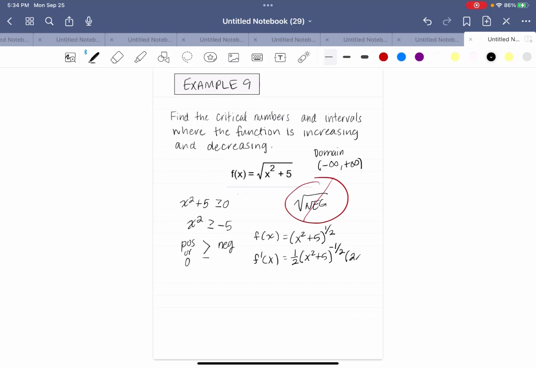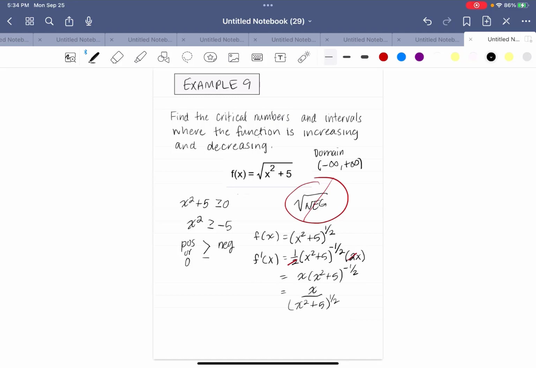Times the derivative of the base using the chain rule, which is 2x. I see I have a 2 factor on bottom and a 2 factor on top. So I end up with x times (x squared plus 5) to the negative 1/2, which is x over (x squared plus 5) to the 1/2.